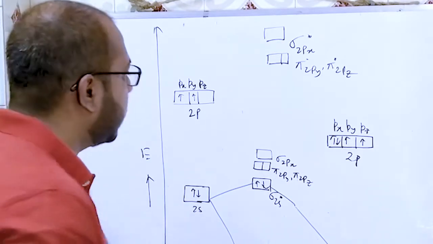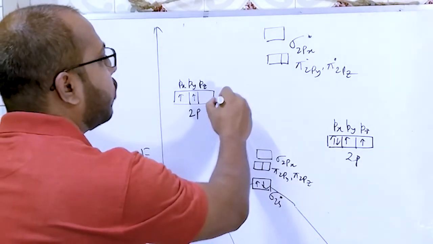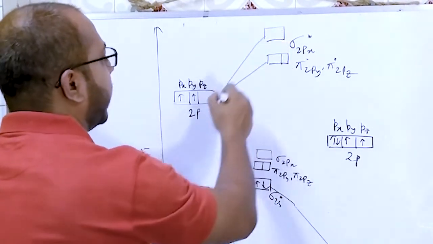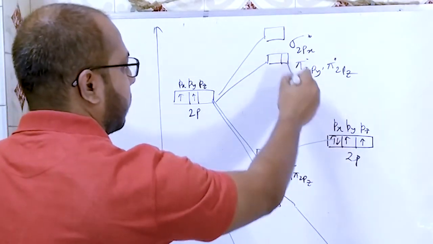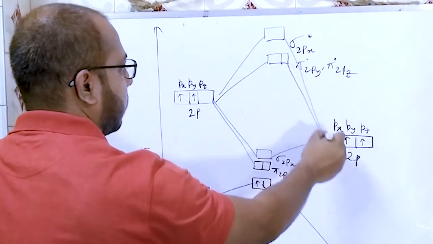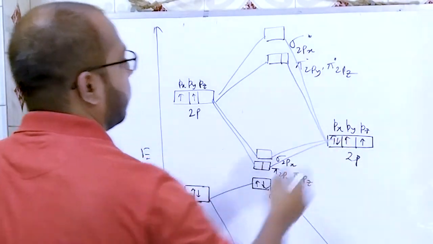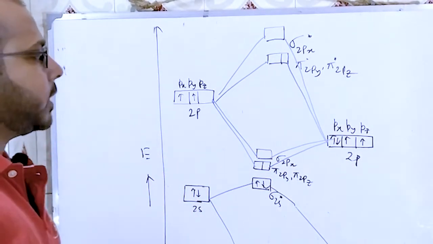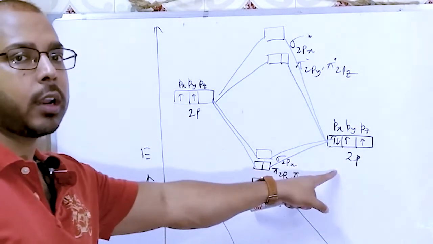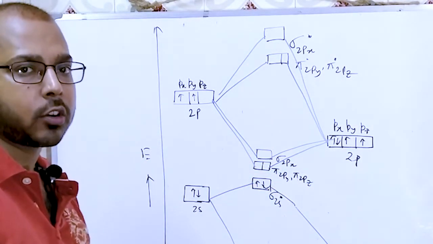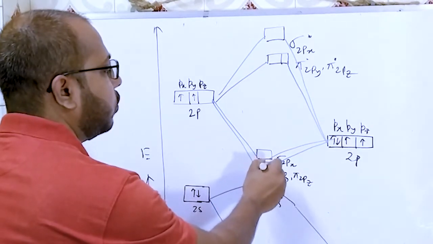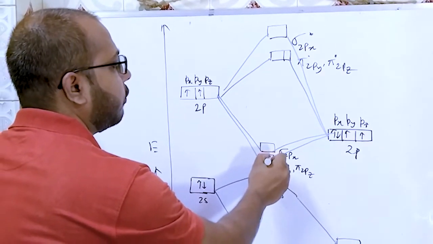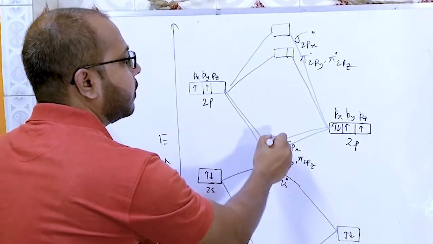So now these orbitals we need to join. As simple as that. Then 4 and 2, total electrons are 6.